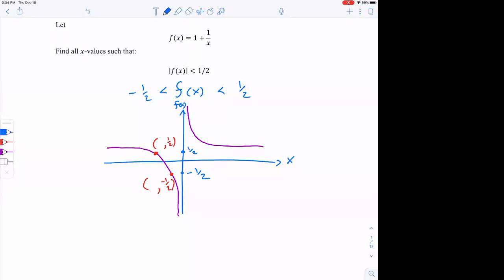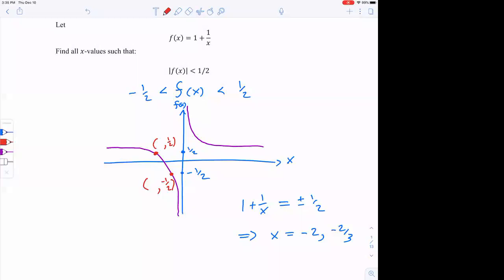What we could do here is solve our equation for those corresponding values. I'll do this quickly to make sure that we can get through all the topics today. What I want is 1 over x plus 1 to either equal plus 1/2 or minus 1/2. If you go ahead and solve that, you get x equal to either minus 2 or minus 2/3. So those are the corresponding x and y values.